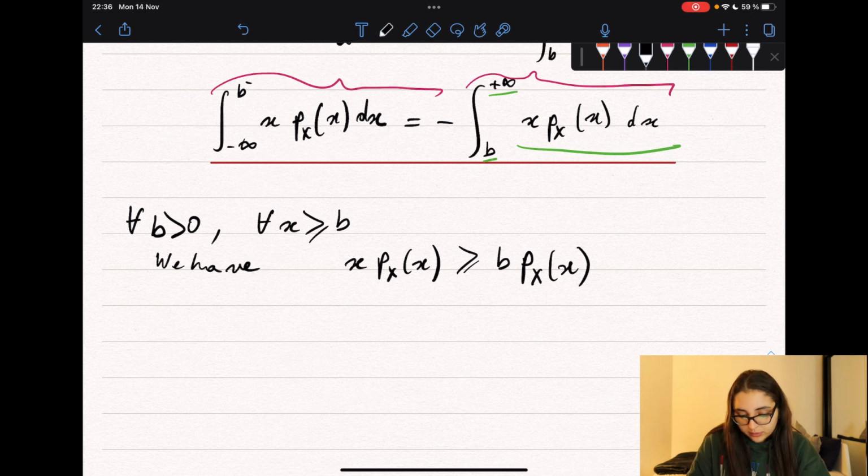Again, because of the positive nature of the probability density function, by definition, this entity that we're multiplying both sides of this inequality with is higher than 0, which maintains the direction of the inequality.